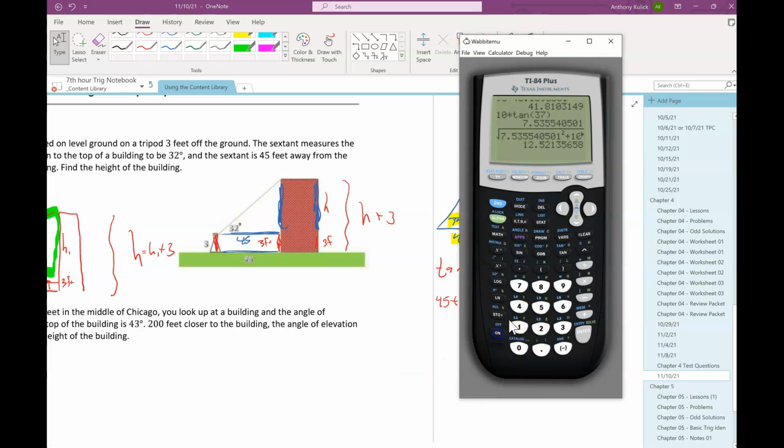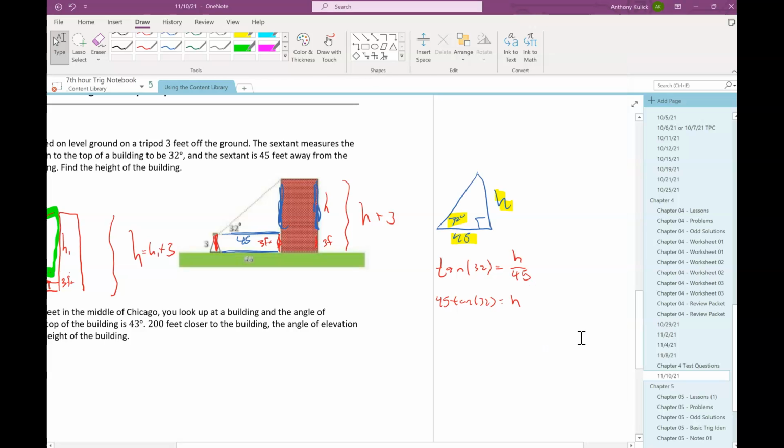So h is 45 times tan 32. And then remember, we still have that plus 3 to add on. So my final answer would be about 31.12. Cool?